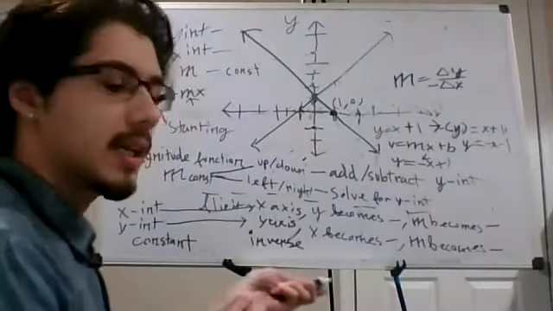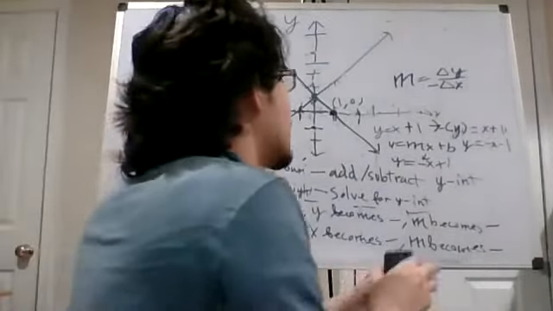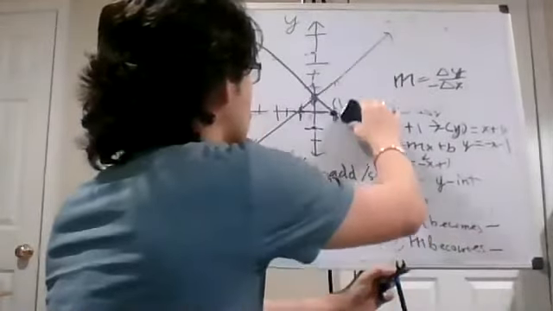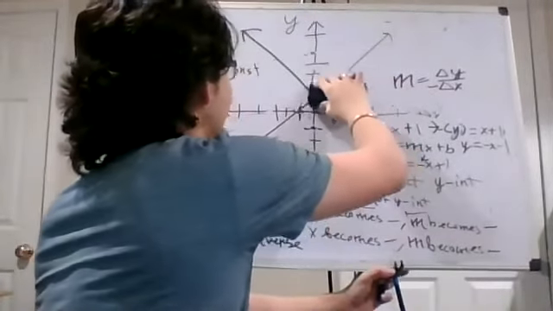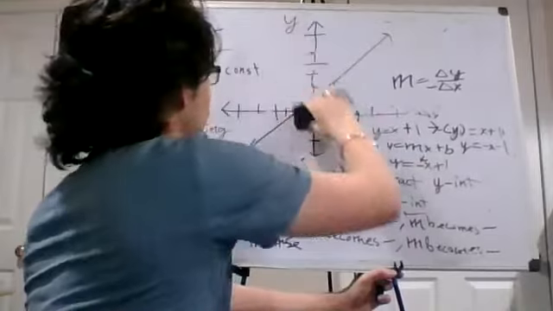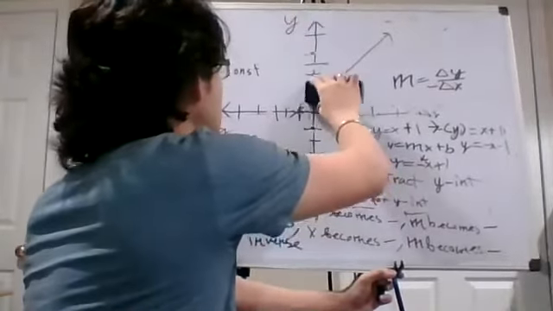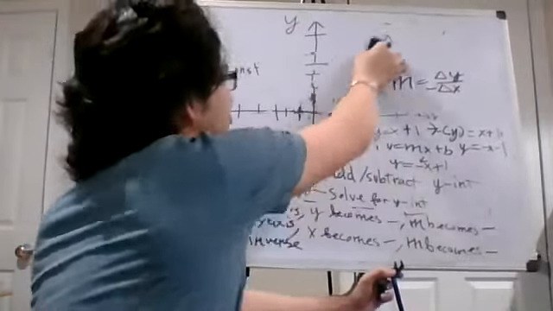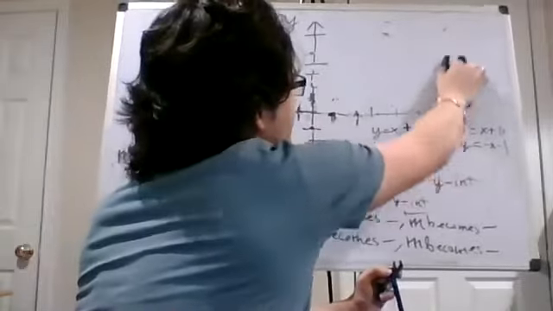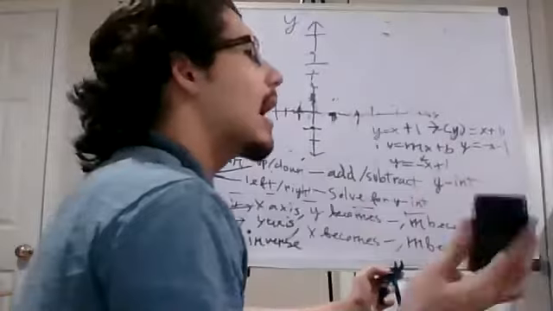So I'm going to quickly go over what inverse means. When we inverse an equation, we're not flipping it over in the sense of how we are making the x and y opposite.